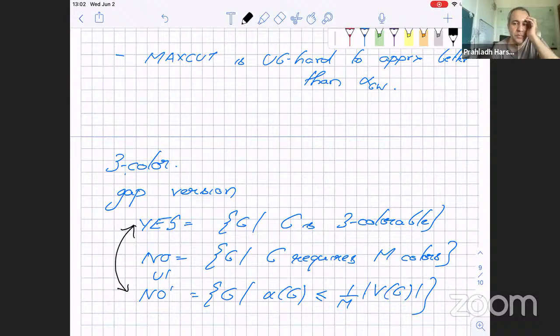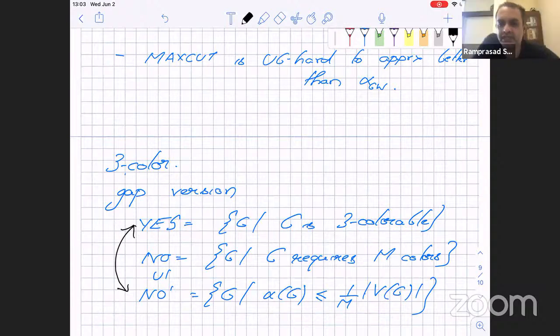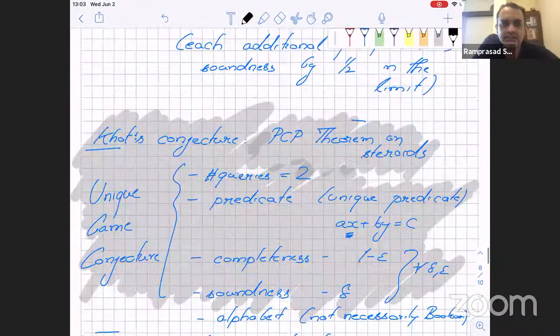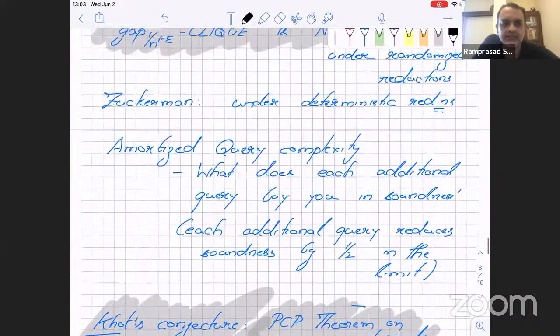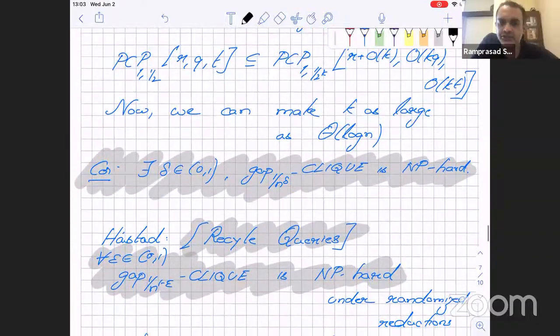Okay. How does Harstad's result state that you can't go above n to the delta? Because here is an example where the largest clique is of size n by a million. Prahladh, can you scroll up to Harstad's result? So it says, suppose here is a graph.